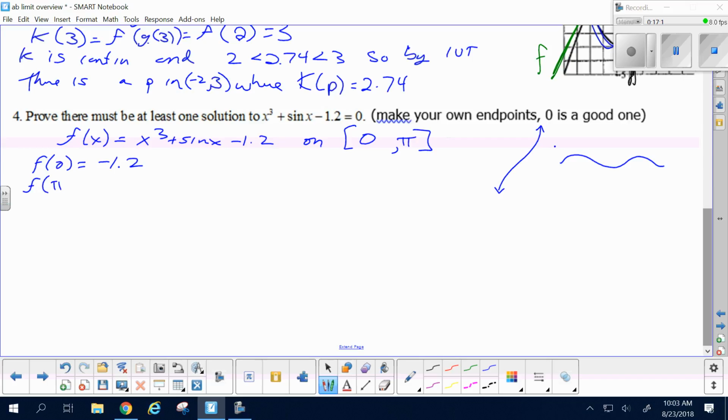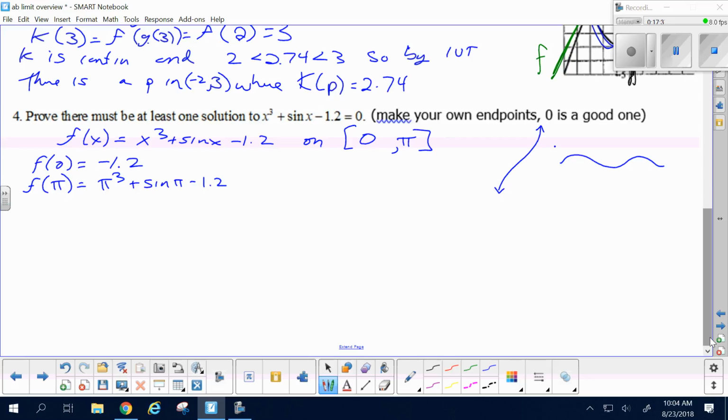f at pi would be pi cubed plus sine of pi minus 1.2. Now I have some good news for you. I don't actually need to figure out what that is. All I need to show is that it is positive. That's all. Okay? Now pi cubed, what is it? Ballpark. What's pi like? 3. What's 3 cubed?